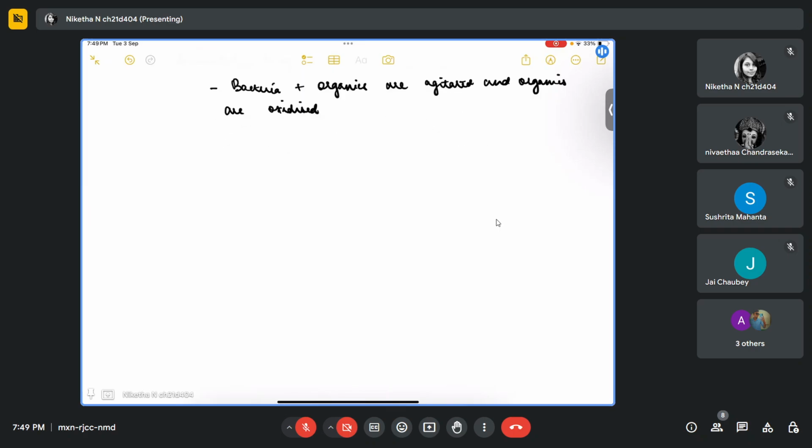Now we will see anaerobic digestion. One example of anaerobic digestion is UASB, which is also called upflow anaerobic sludge blanket.